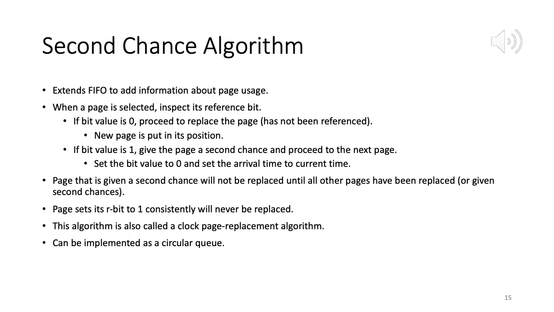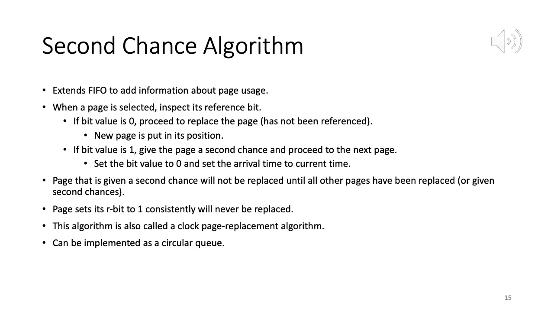What we're doing in the second chance algorithm is extending FIFO, first in first out, and adding information about page usage. FIFO we looked at earlier. We have a FIFO queue of pages. Whenever a page is brought in, it's added to the queue, and when we have to evict, we always evict the page at the head of the queue. The problem with pure FIFO was that it had no information about page usage.